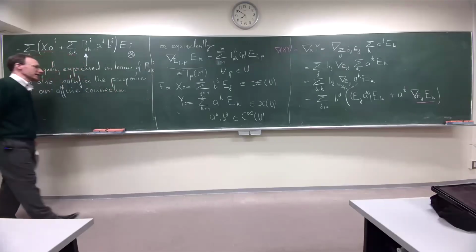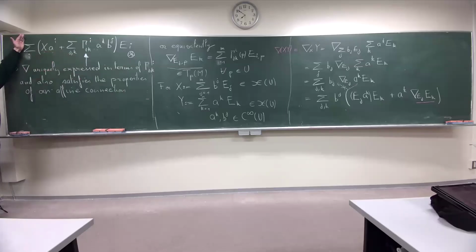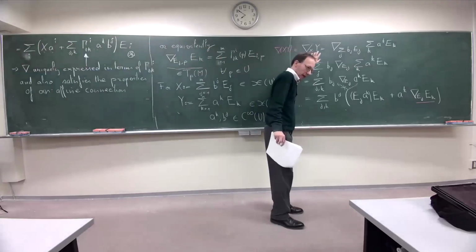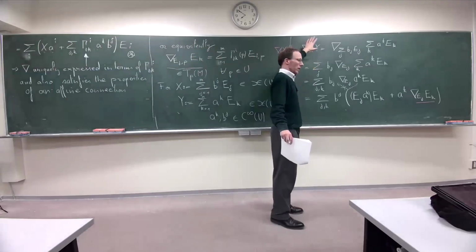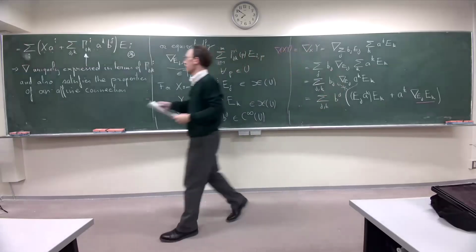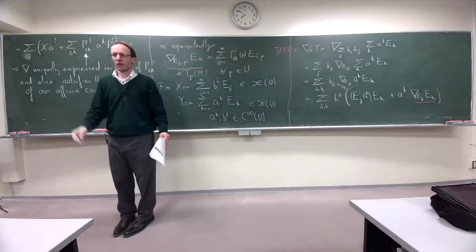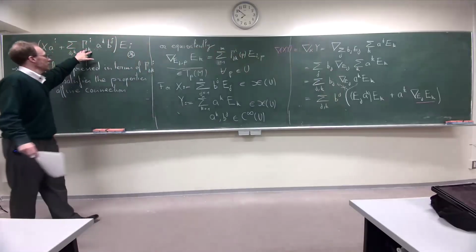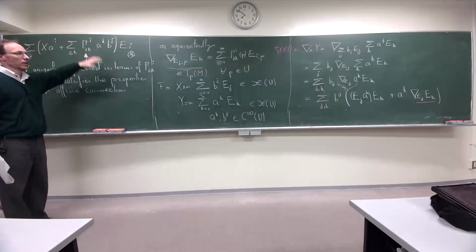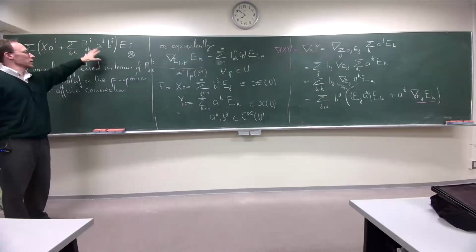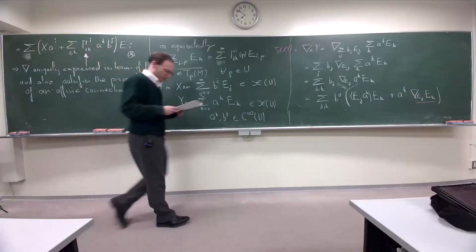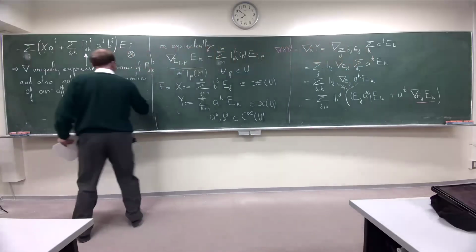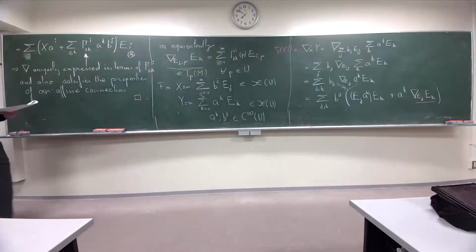So what do I mean by this? If now you only take this as a definition, you can check that the properties that the affine connection has to satisfy are satisfied by this. So this is a way you show that a connection is defined by these symbols, but when you define a connection with this expression, you have an affine connection. Okay. So this is not the full proof, but it's a good sketch of the proof.